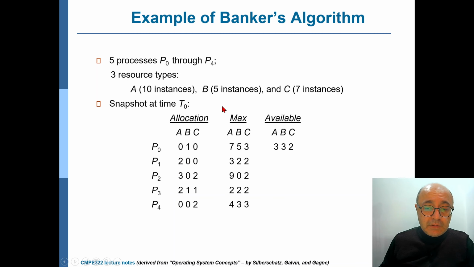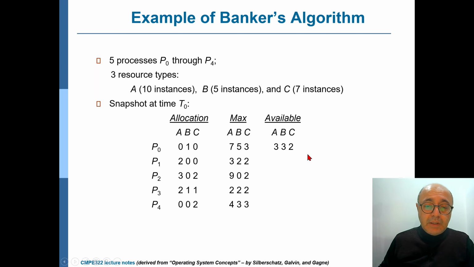In total there were 10, yes, there are 3 remaining. We have 2 resources of B assigned, so 3 are remaining, and 2, 3, 5 C instances are assigned. Out of 7, 2 are remaining. So this is really the Available matrix, which is the total minus the allocated.